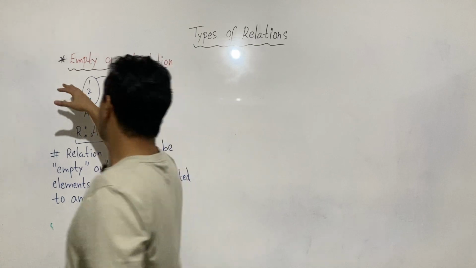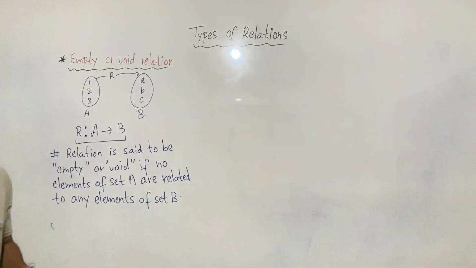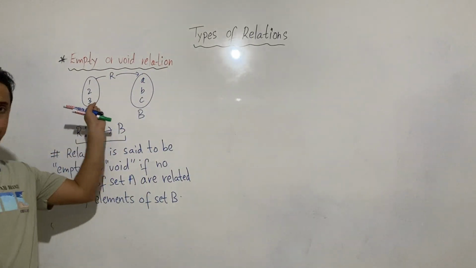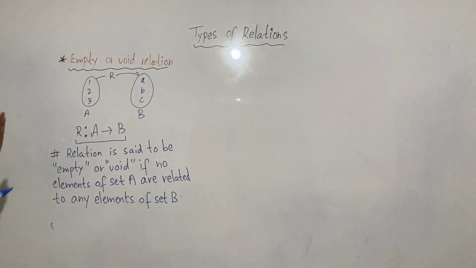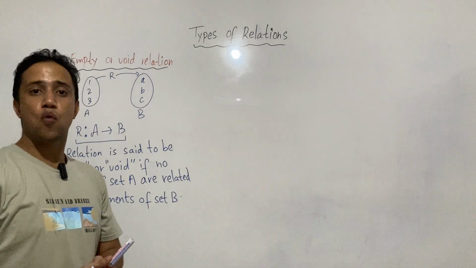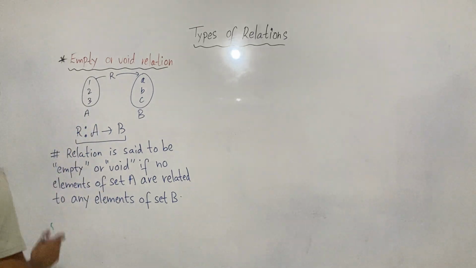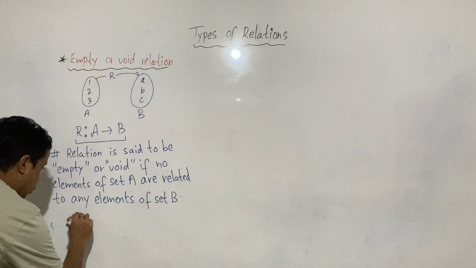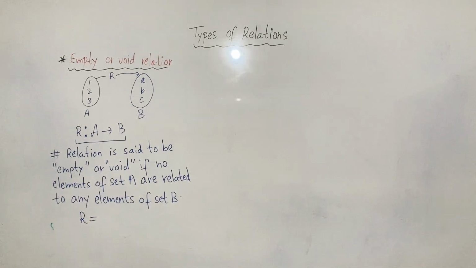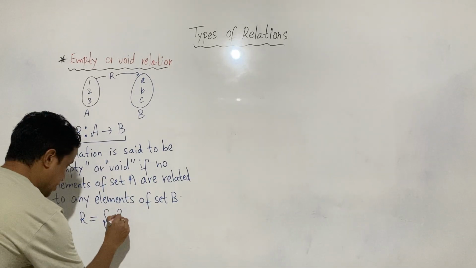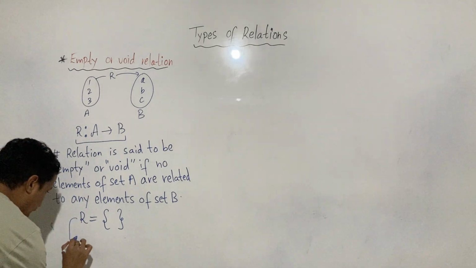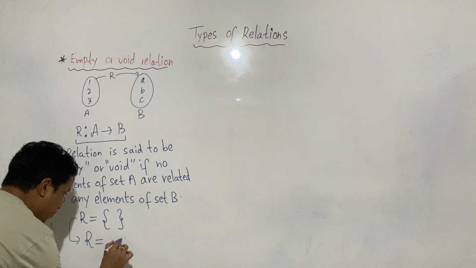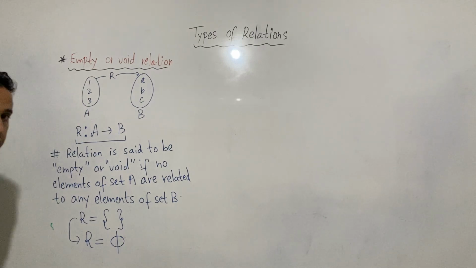When there is no relation between the elements of set A and set B, it means that we have an empty or void relation. In that case, we will say that our relation is empty, or the other way to write it, our relation is null.